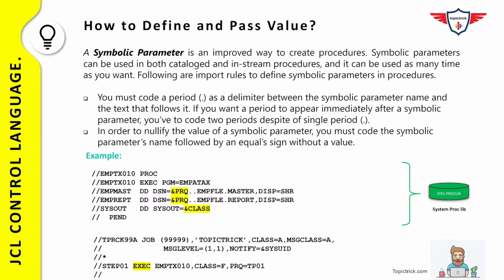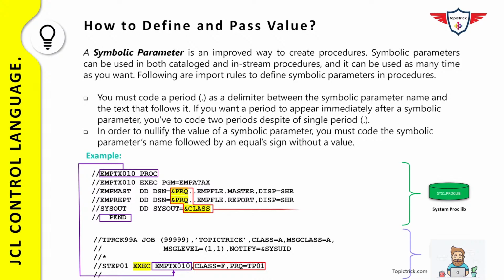The first one is the employee master with a DD name of EMPMAST, and the second one is the employee report, with a DD name of EMPREPT. If you look at the dataset name, you will notice that instead of using a high-level qualifier, I've used a symbolic parameter. In this case, the symbolic parameter is &PRQ., and I pass the value of this symbolic parameter when I'm calling the catalog procedure.